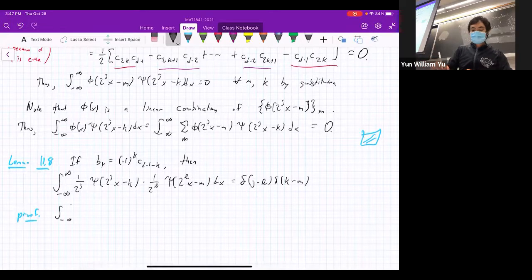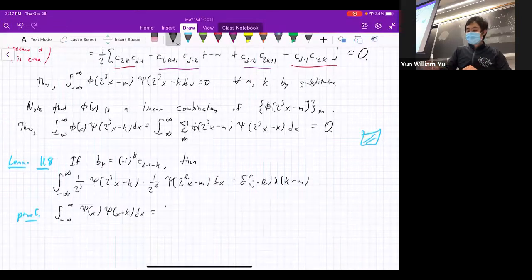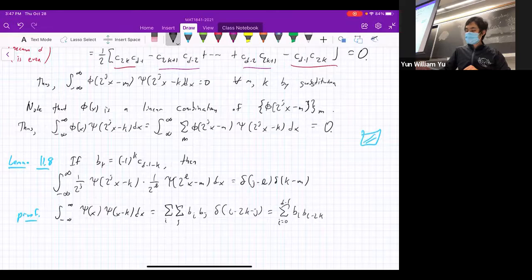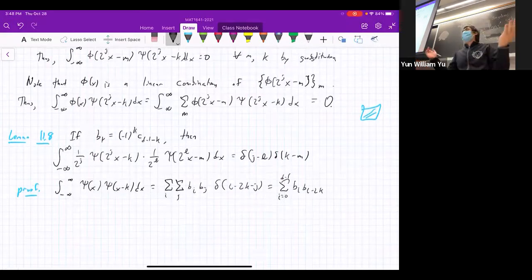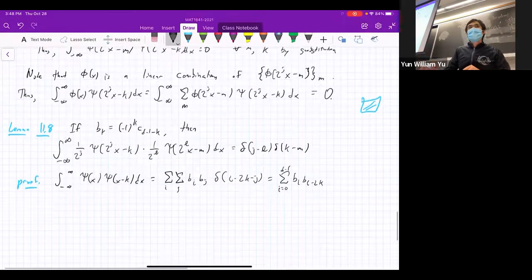So the integral from minus infinity to infinity of psi(x - k) psi(x - m) dx is equal to some double sum. I'm not going to walk through all of it again, over i and j, b_i b_j times some delta(i - 2k - j), which is equal to the sum over i equals 1 to d minus 1 of b_i b_{i-2k}. But now we plug in our values for our b_i's, since we know that those are just the negatives of each of our c_i's.